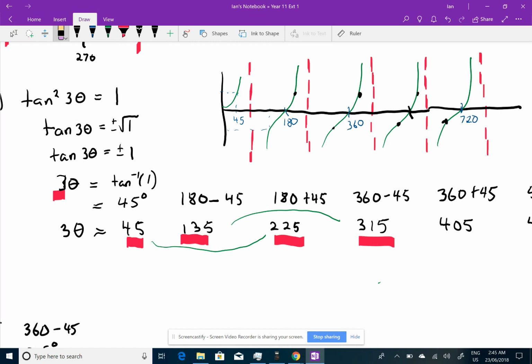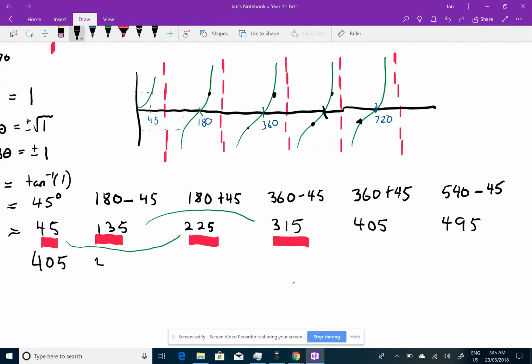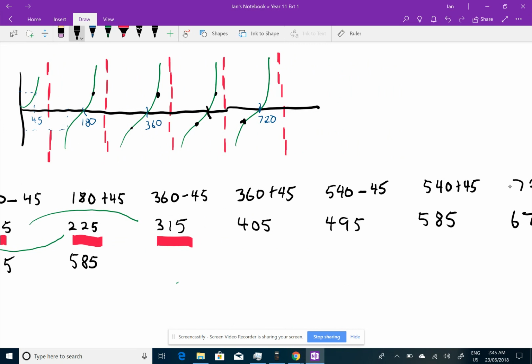But even better, when you get these 4 roots, the next roots will be 360 more because you're going into the next 360. So let's just write them underneath. 360 plus 45, that's easy, that's 405. 360 plus 135 is 495, and there it is. 360 plus 225 is 585. 360 plus 315 is 675.